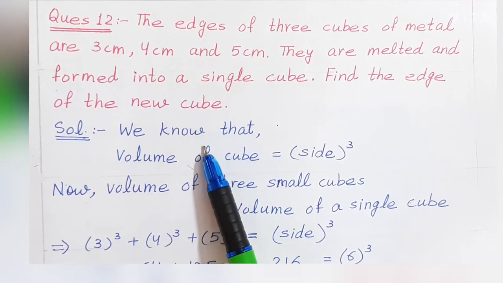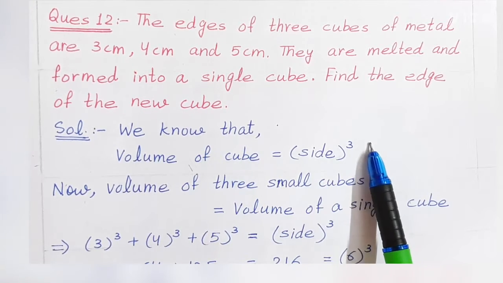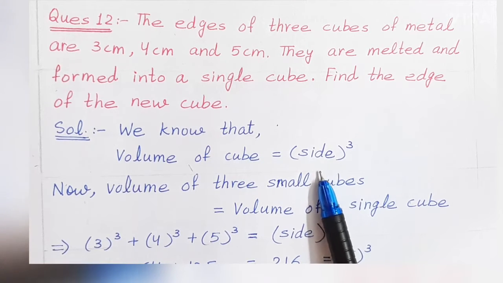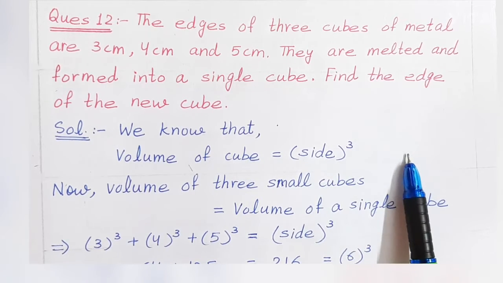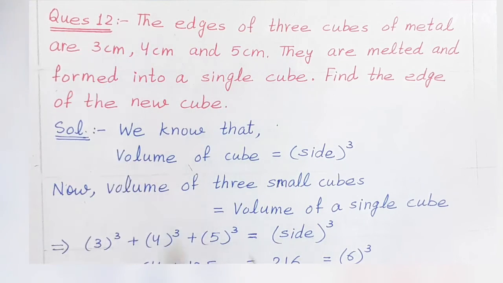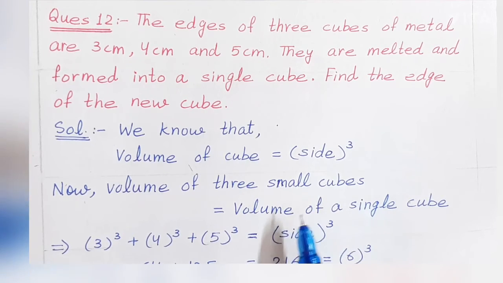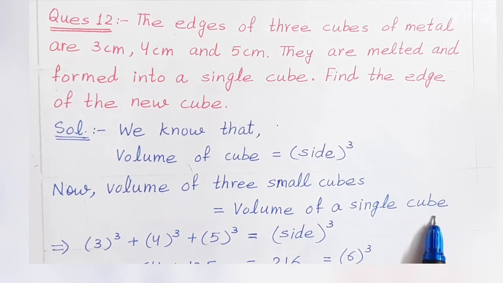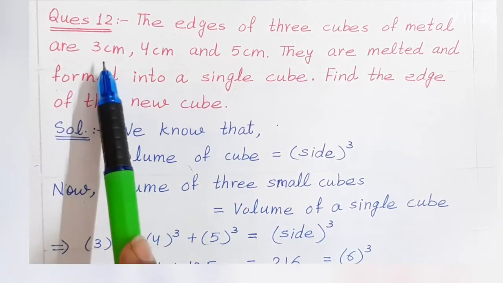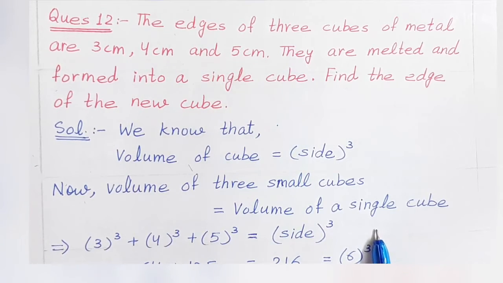Now students, we know that volume of cube is side cube, that is side into side into side. Now we have 3 small cubes. So volume of 3 small cubes is equal to volume of a single cube, because all 3 cubes are melted to form a single cube. So volume will be equal.